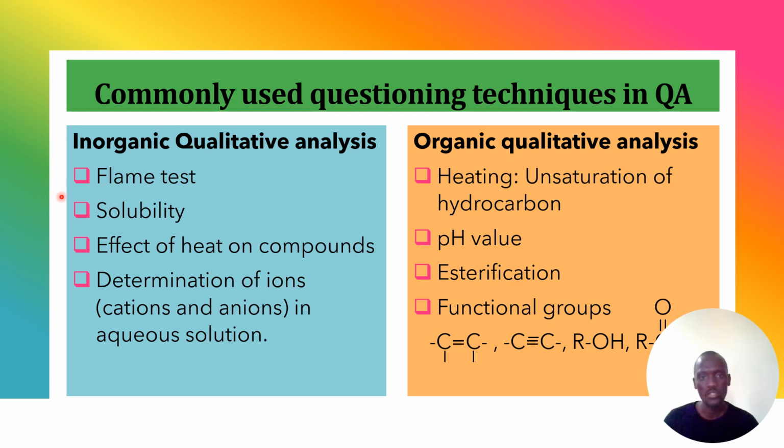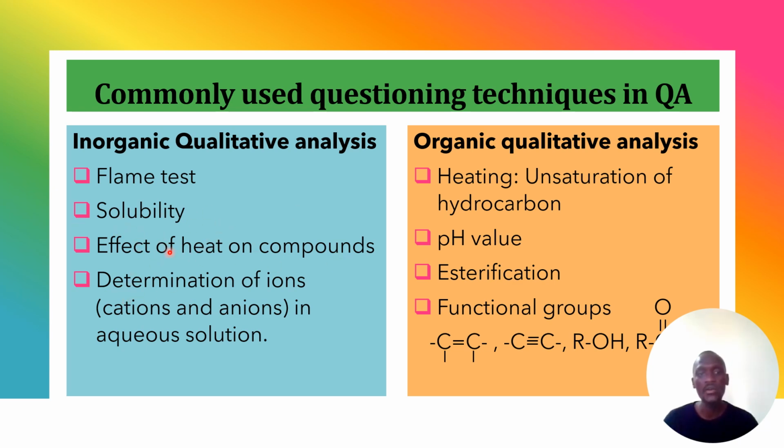When a substance dissolves in water, the student should identify the color and mention it in the observation. It can be a colorless solution, or a green solution, or a blue solution. Then the third one is the effect of heat on compounds. Again, we'll be able to do a lot on that.